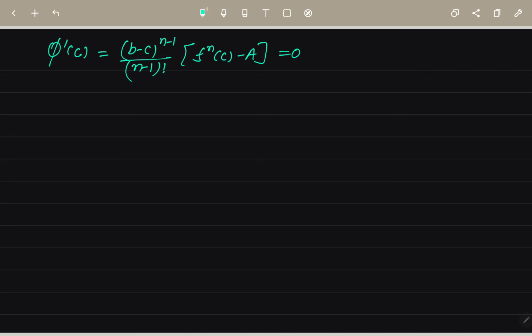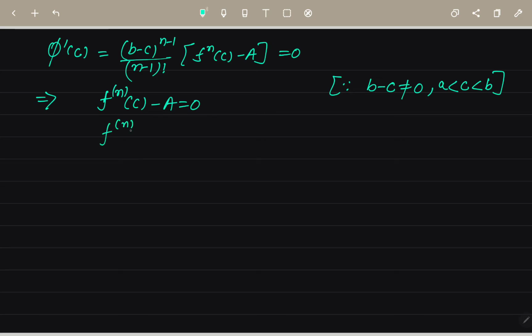So this implies that the nth derivative at c minus a is equal to 0, and the other term is not equal to 0 because b minus c is non-zero, since c lies in the open interval a and b. So from here, the nth derivative at c is equal to a. This is the value of a which I have determined.